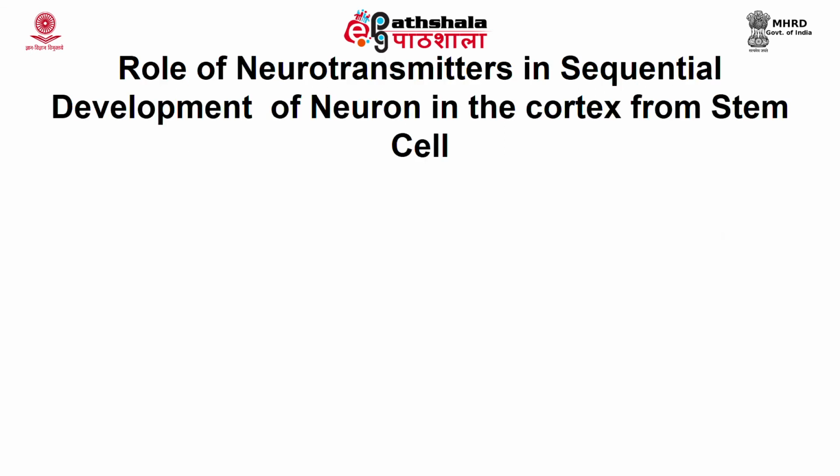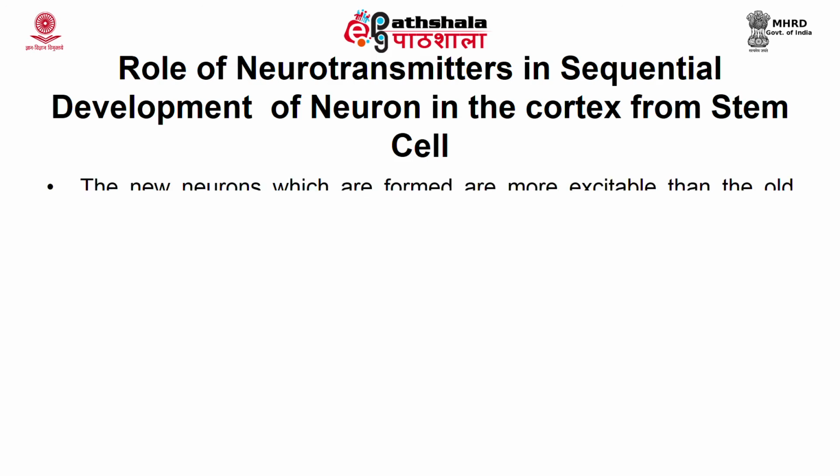Now, neurogenesis is a complex process where the neurotransmitters play a very important role in the sequential development of neurons in the cortex from the stem cells.